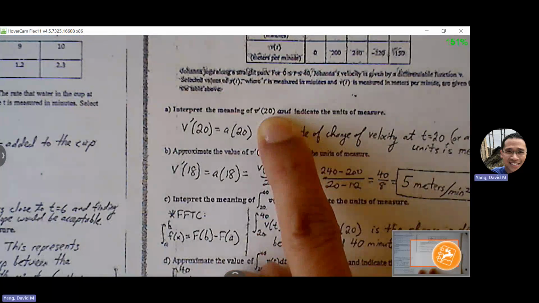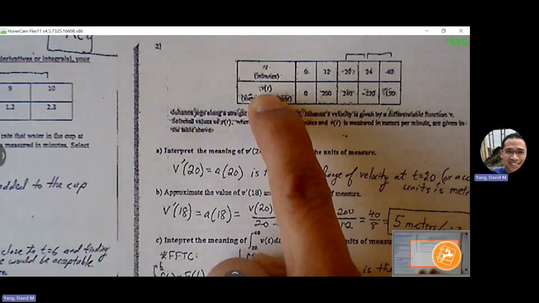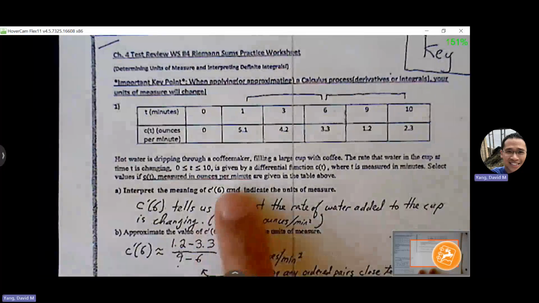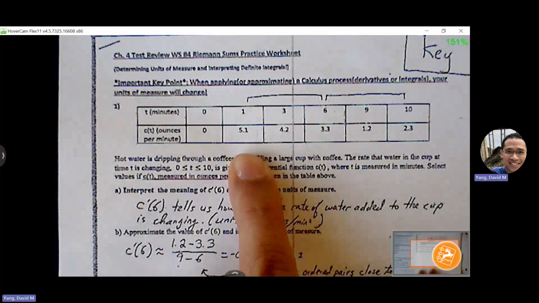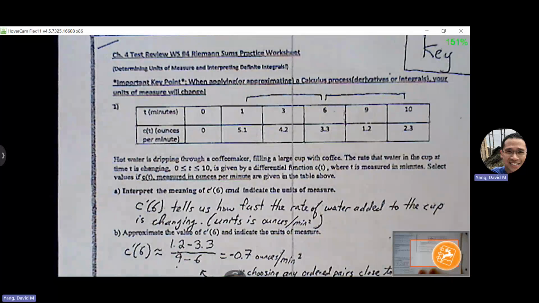Oh, because it uses V of T. Also, anything involving position, velocity, acceleration is particle motion, right? It says velocity in the question. So if it's involving the rate at which water is being added, acceleration doesn't fit the context of the problem.